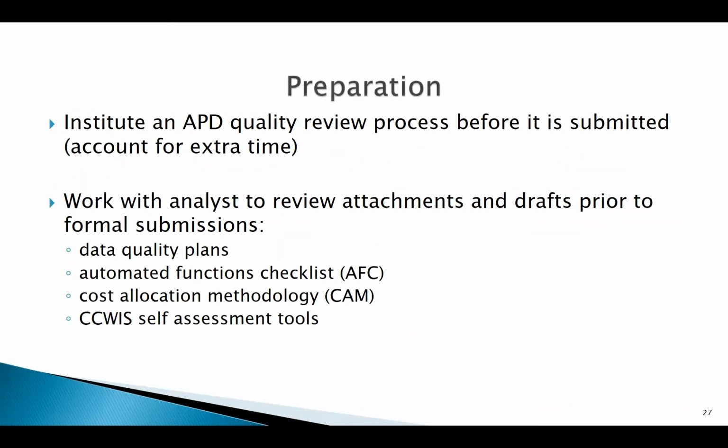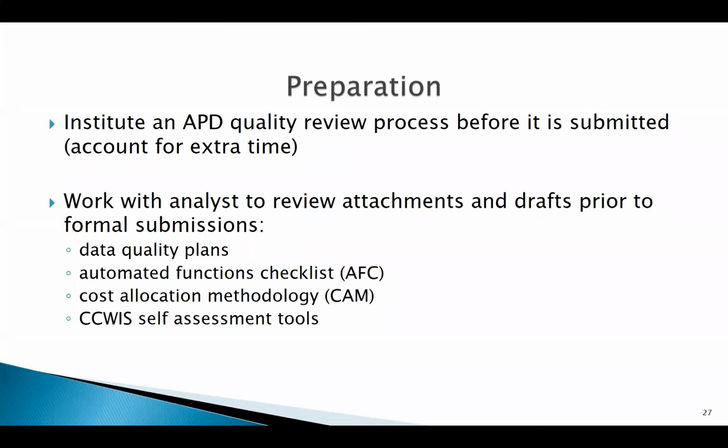Okay, so this next suggestion sounds again pretty obvious, to institute a quality review process before it's submitted. But this is one that we really think is important and could save you a lot of headache, and also us a lot of headache with not needing to go back and forth and trying to clarify things. So I think you should really think about what kind of QA process do I have for reviewing this APD?